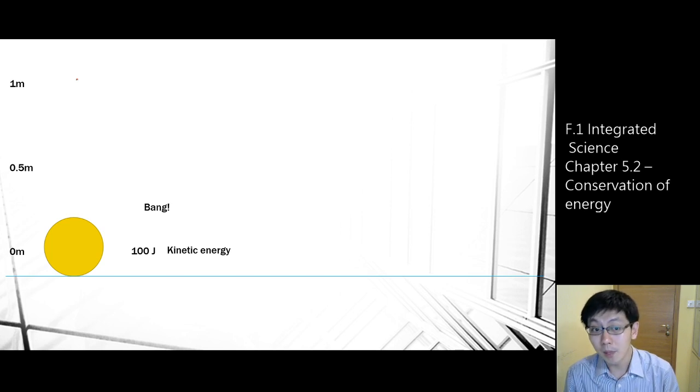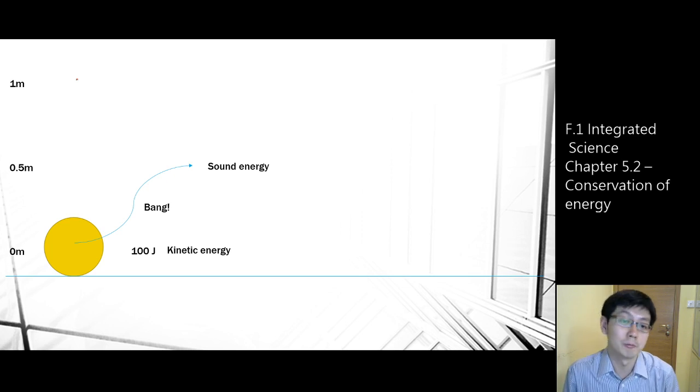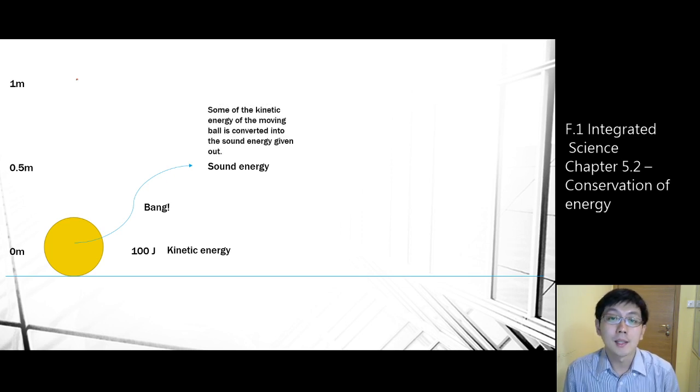Yes, that means sound energy is being given out. Some of the kinetic energy is actually converted to sound energy. So here's some noise. And also when the ball touches the ground, there is some contact.